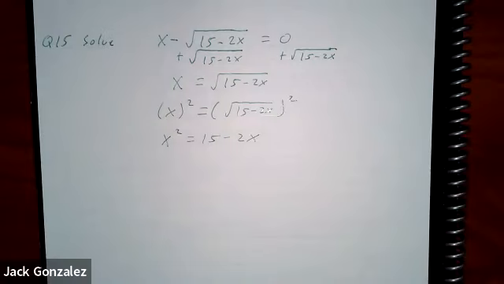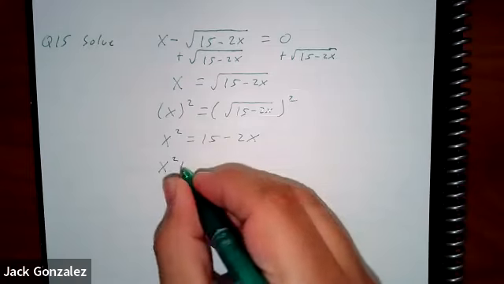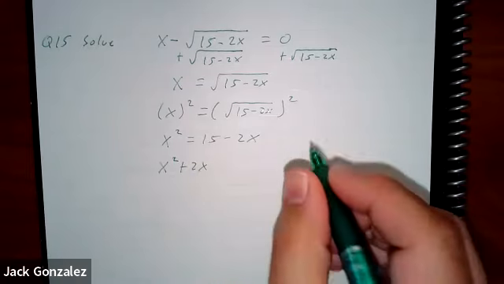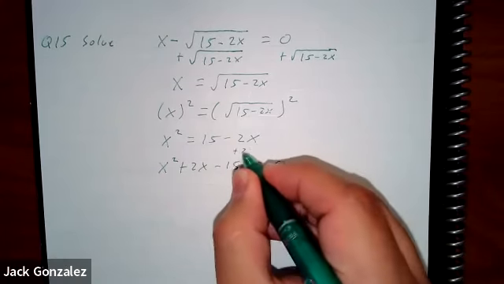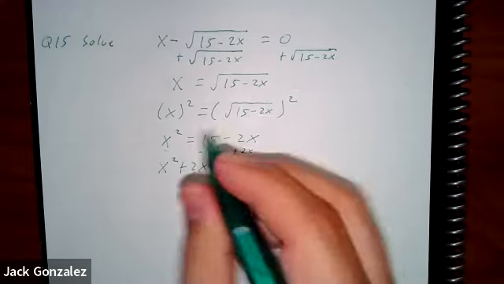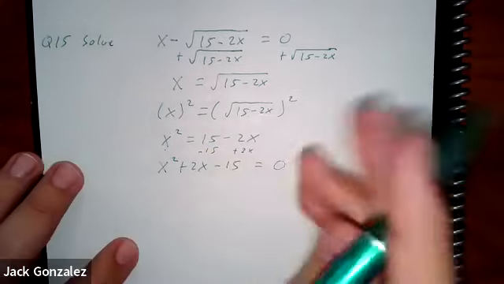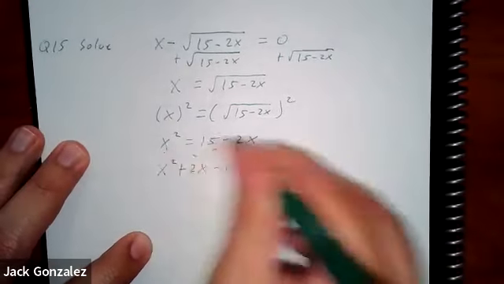That's how we solve all quadratics. So I'm going to move everything to the other side by adding 2x, subtracting 15. All right, you know what? I'll show it in 2 steps.